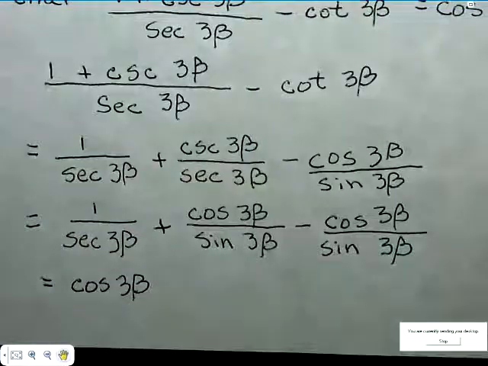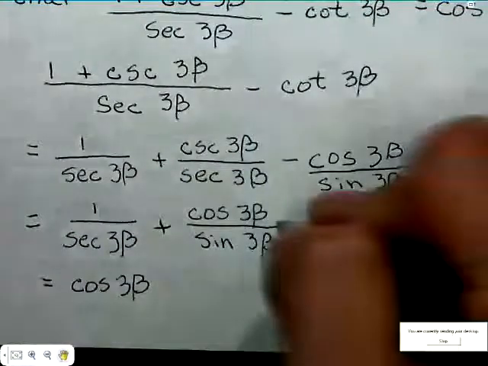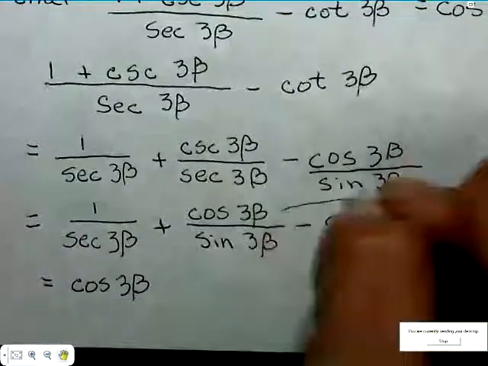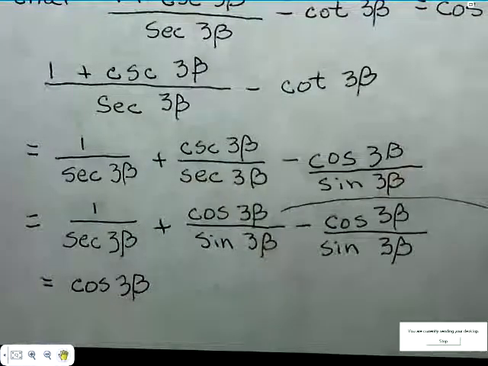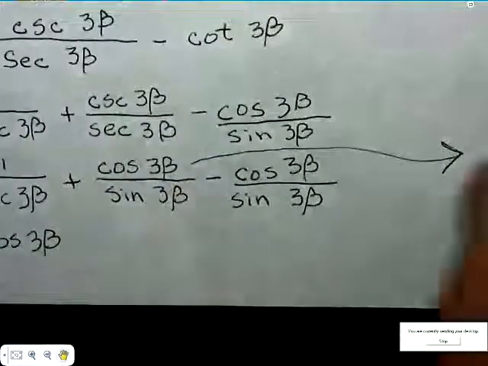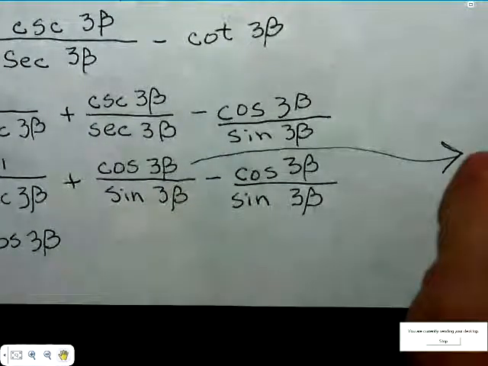Now really, when you're doing a proof, you shouldn't have any little scribbling out to the side, but the middle step that you could have put in if you needed to, and I probably should have, is this.